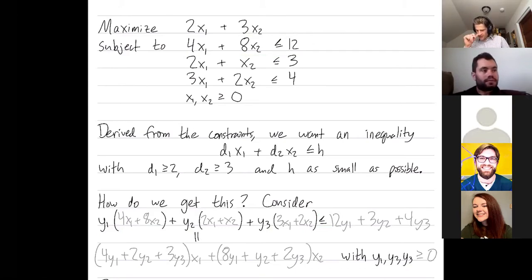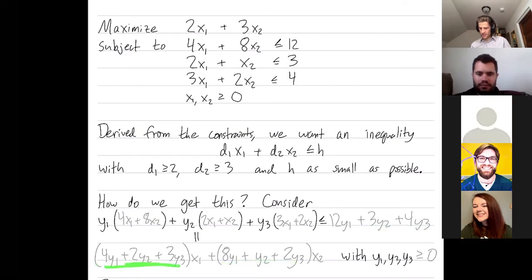Okay, so remember, we're trying to make H as small as possible with D1, here's D1, at least 2, and D2, here's D2, at least 3. So we're trying to make this as small as possible, and I have constraints.